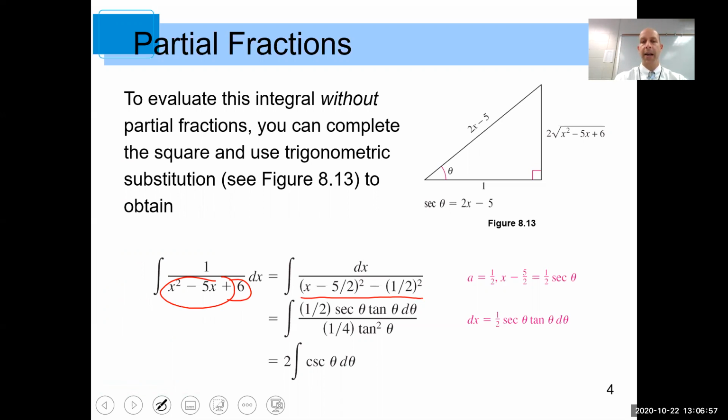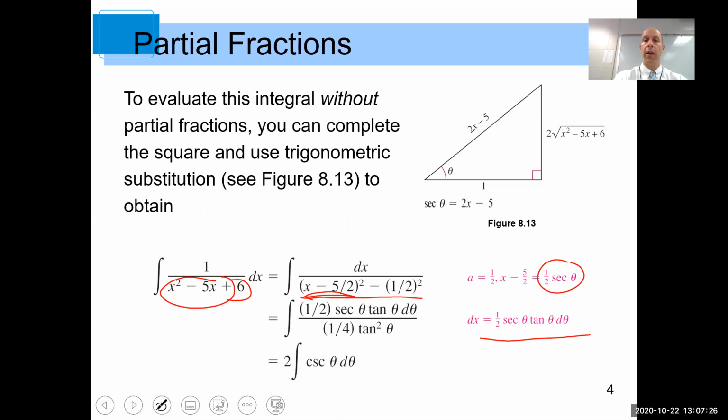So let's let a be 1/2, and let x minus 5/2 equal 1/2 secant theta. If we move this 5/2 over to the other side and take the derivative, you'll get that dx is equal to 1/2 secant theta tangent theta.